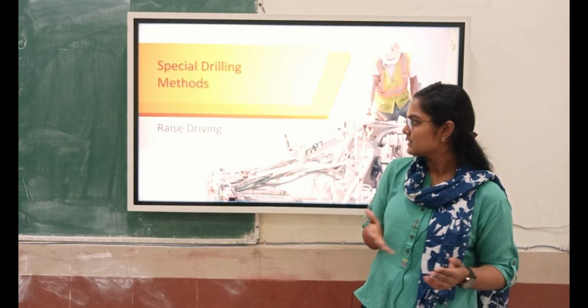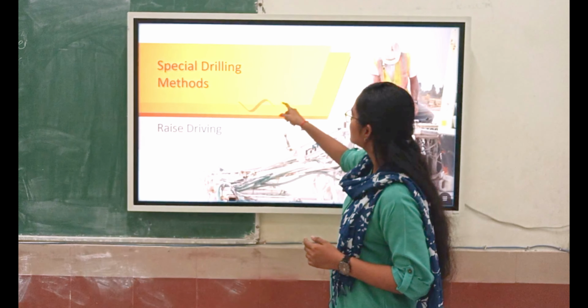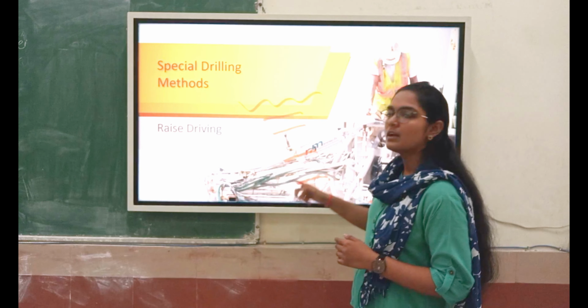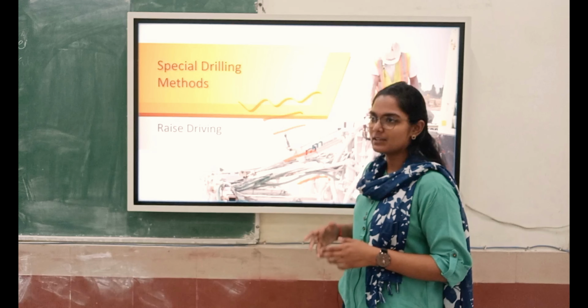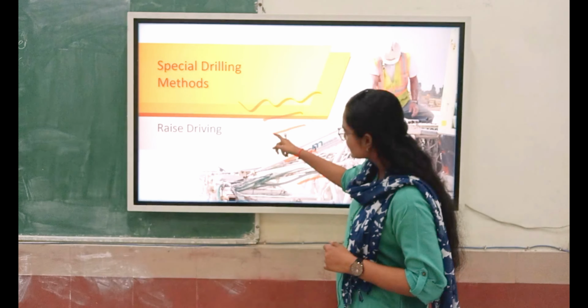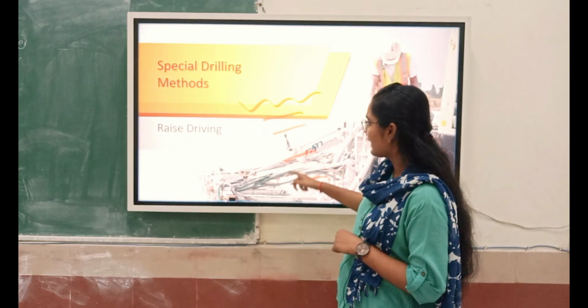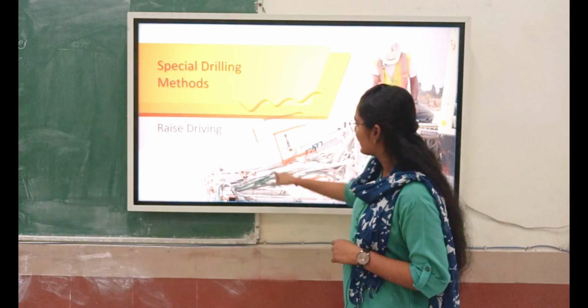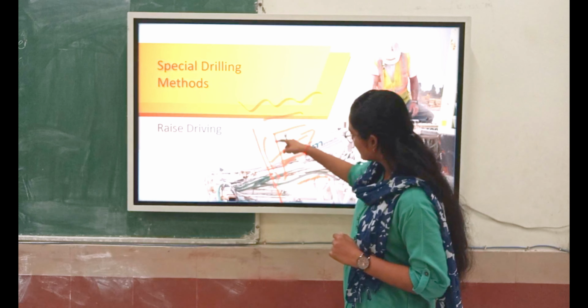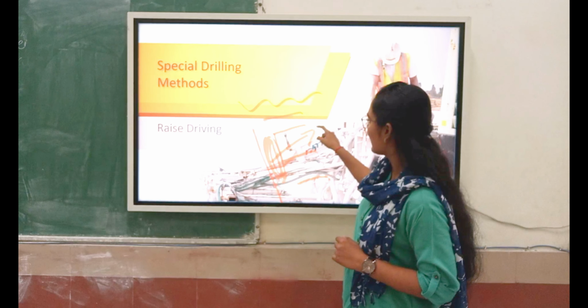If we assume this is the surface and these are two underground levels, a raise is an opening which connects an upper level and a lower level like this, and this empty portion is called a raise.